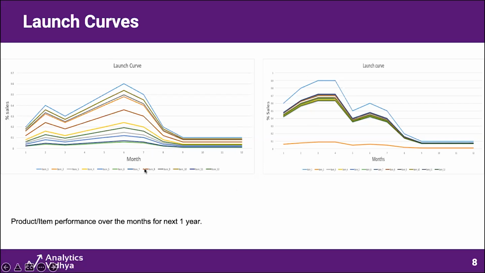So that's the reason product life cycle was covered, because it indicates how the launch curve we are going to create. Now in this, there are different values, right?